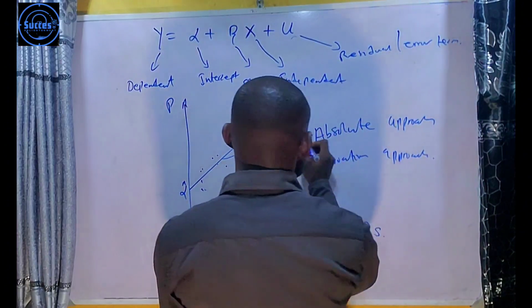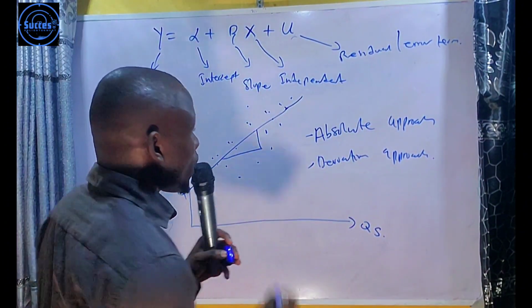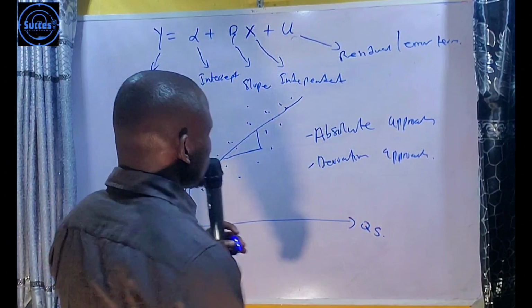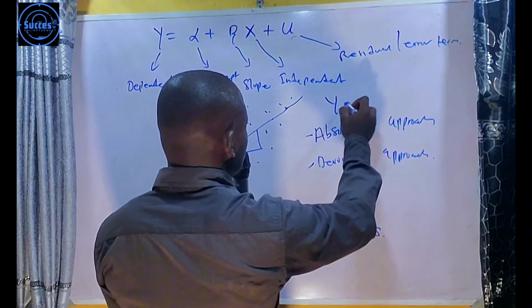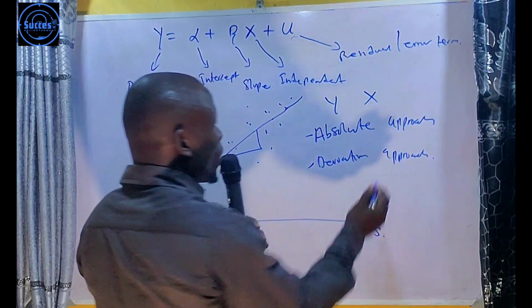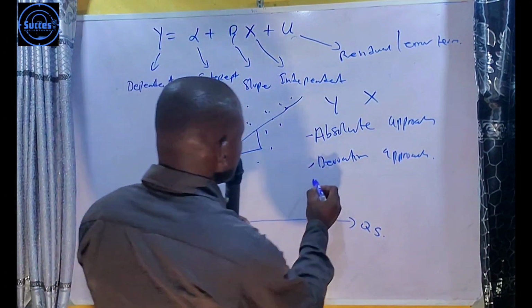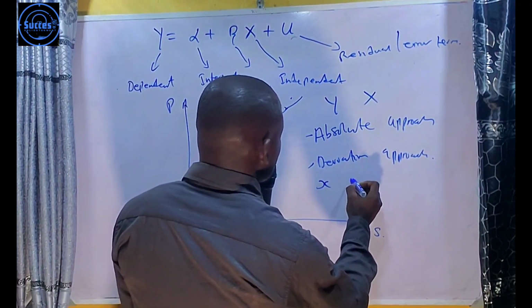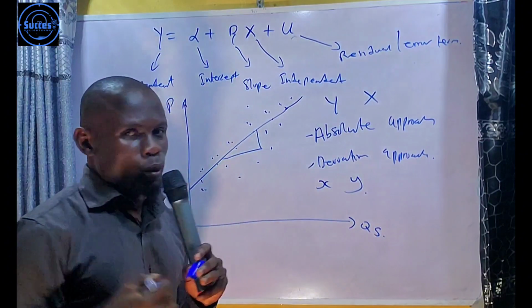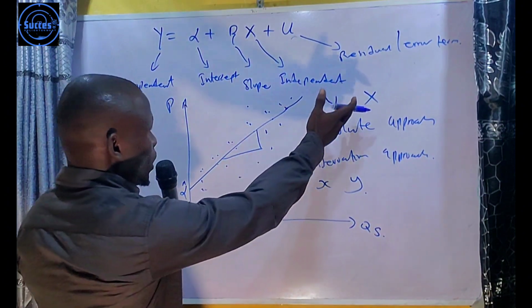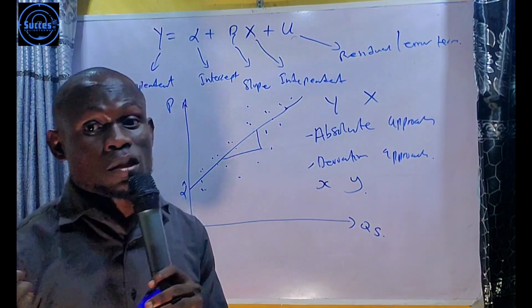The difference between this and this is simply that in the absolute approach, what you are dealing with is your capital letter Y and capital letter X, while in the deviation approach, what you'll be dealing with is the small letter x and small letter y. You already know the distinction between capital letter Y, capital letter X, and small letter x and small letter y.